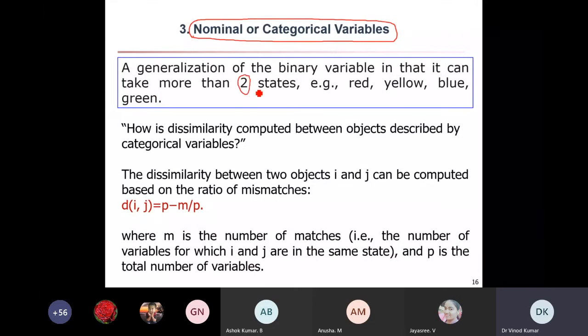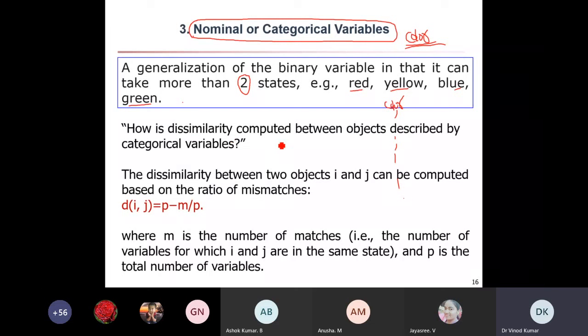In binary we take only 2 states; for nominal categorical, the states will be more than 2. If I say the color of a particular thing, say dress code color, the attribute may have values like red, yellow, blue, green, magenta. This is the categorical value.